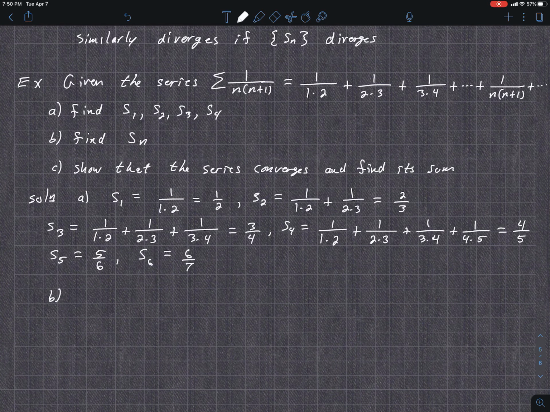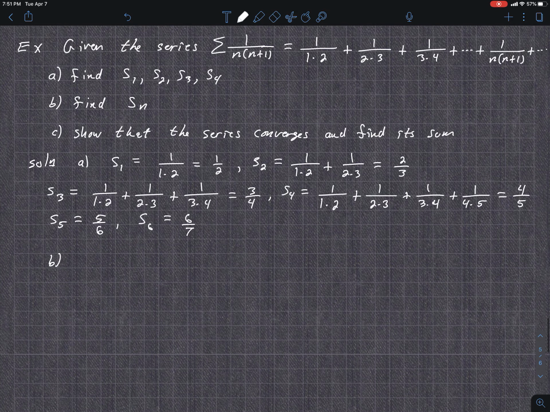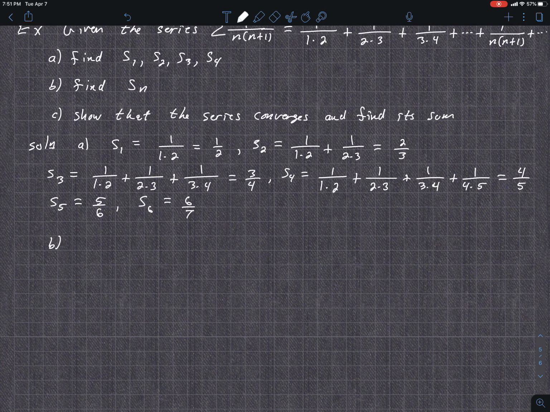So for B, this isn't always something we'll ask. This is just for this case I want to show you. We can write a_n in a different way. We can break that up. We can write this as 1 over n times n plus 1.